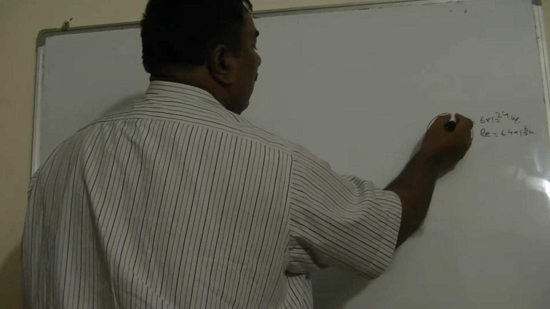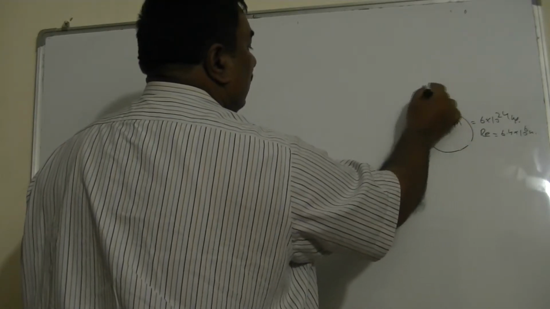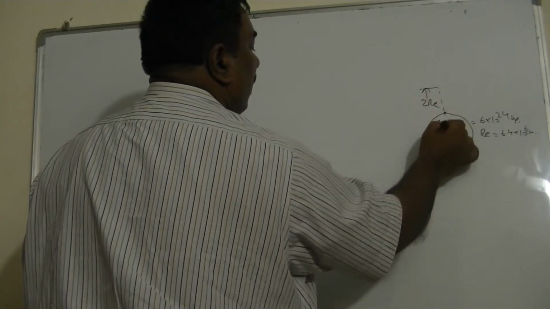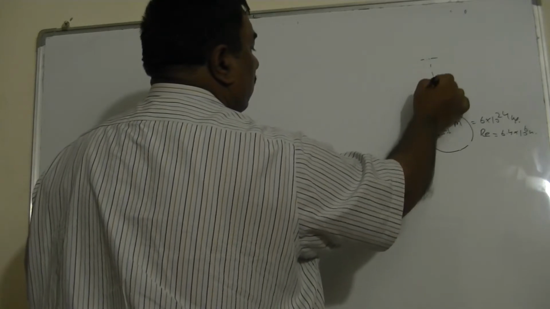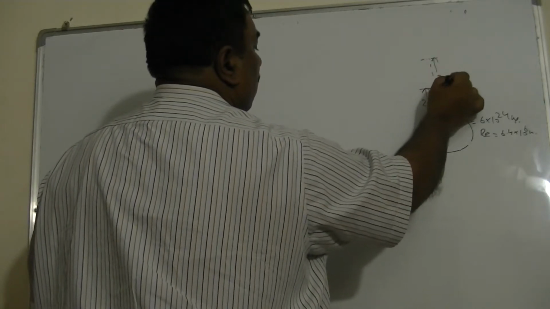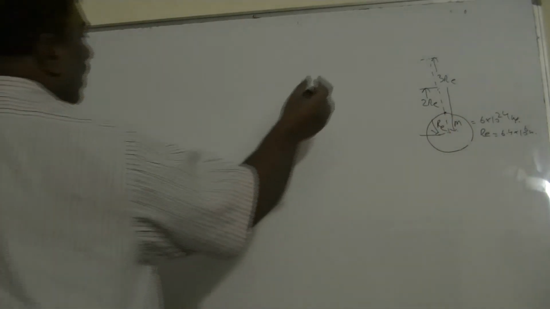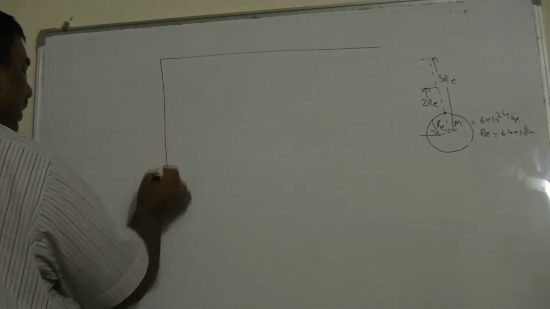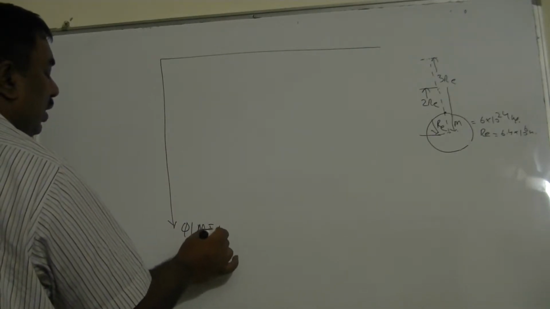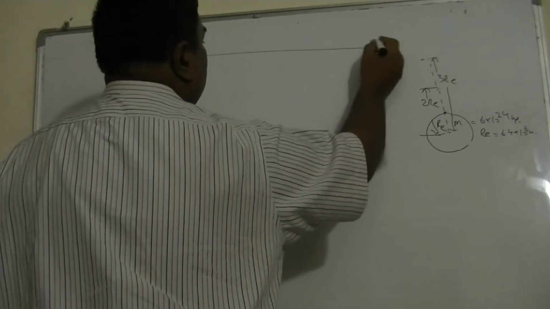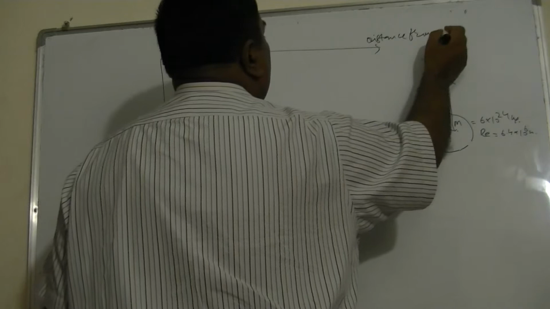I have to calculate the gravitational potential at the surface, at a distance of 2 R_E from the center, and then at 3 R_E from the center. So I will be plotting a graph, because this gravitational potential phi is a negative quantity. It will be in megajoules per kg, and this is the distance from the center of Earth.